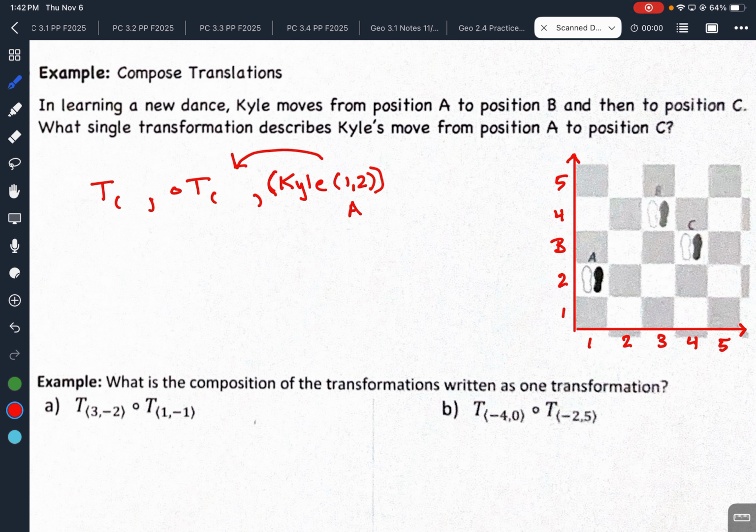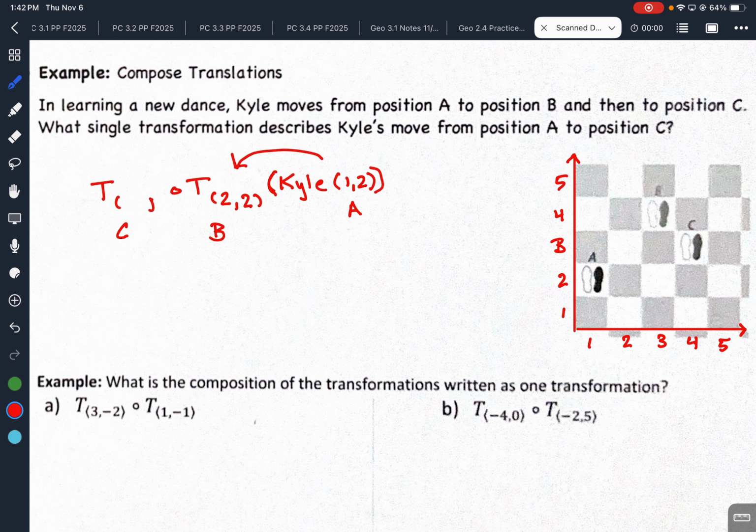This is A. This is the movement to B and the movement to C. So how am I going to get from A to B? What always goes first? X. Right 2, up 2. So my first parenthesis is going to be 2, 2.